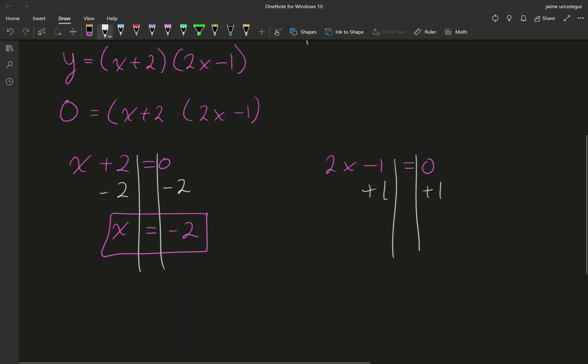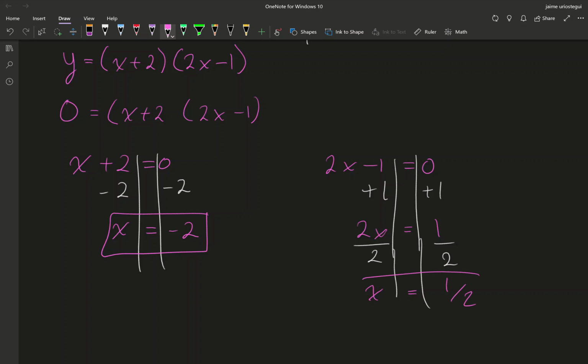We add a 1 to both sides, and we get 2x is equal to 1. Now we need to divide both sides by 2, because 2x means 2 times x. So now we have x is equal to 1/2, and that's our second solution.